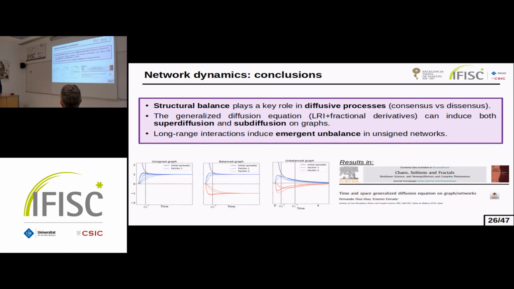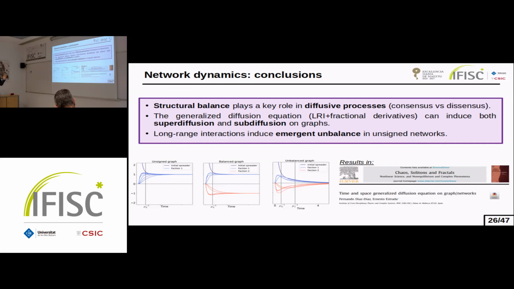This concludes the second part about dynamics. The key messages are that, on the one hand, structural balance is very important in dynamical processes in networks because it determines the long-time dynamics of diffusive processes. Secondly, that we can recover subdiffusion and superdiffusion with the same equation, the generalized diffusion equation.